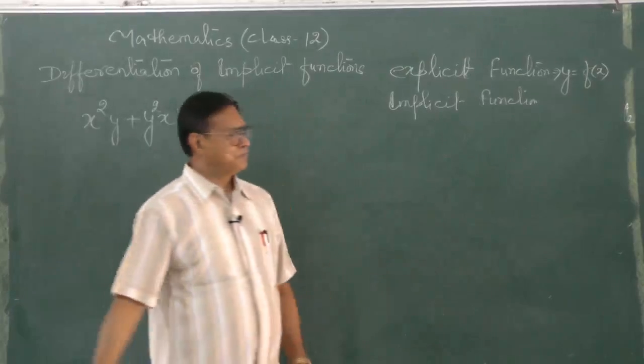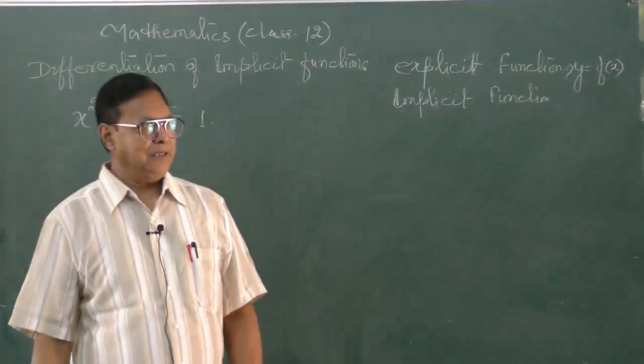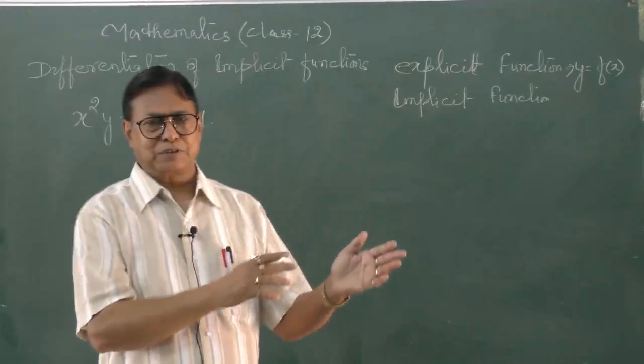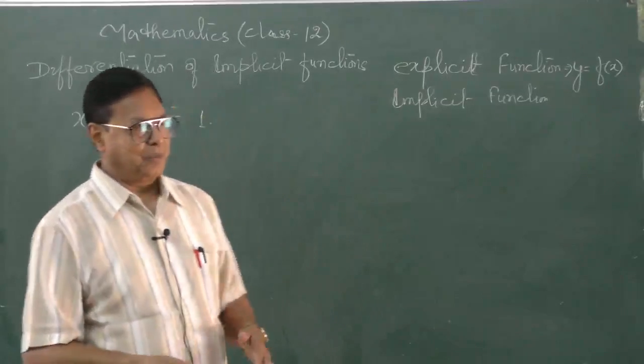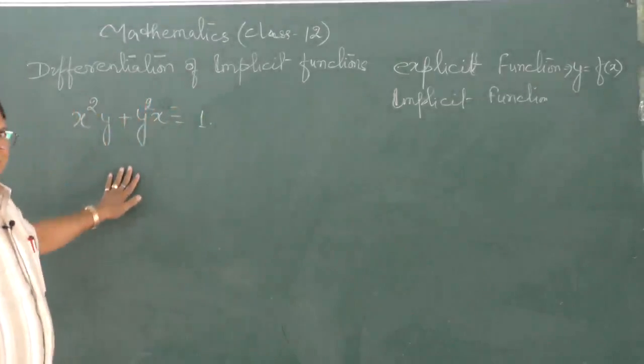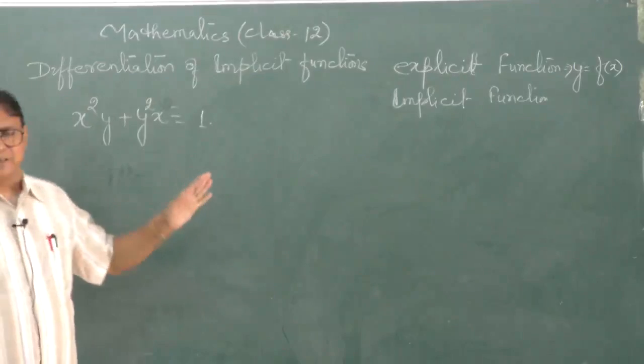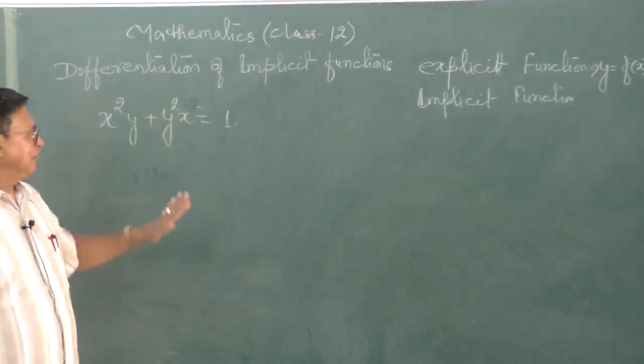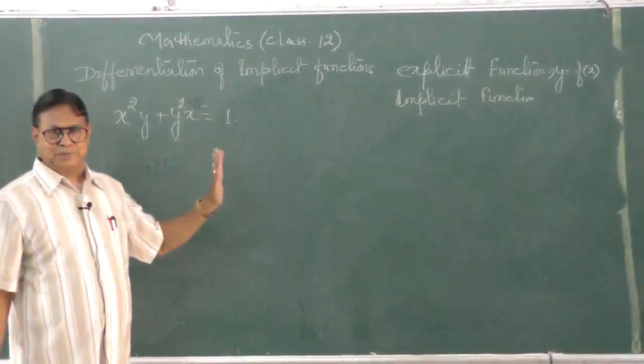So, that is an explicit function. Y is a function of x, y on one side, x on the other side. But if the function is like this, where y cannot be segregated, y cannot be brought to one side, then these are known as implicit functions.